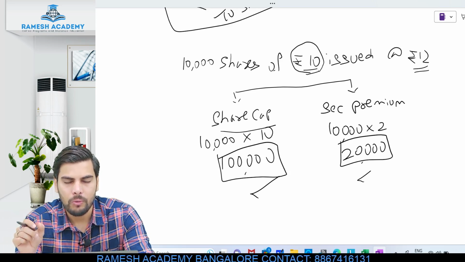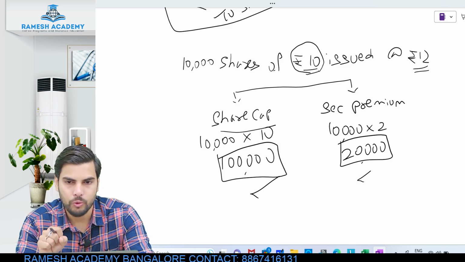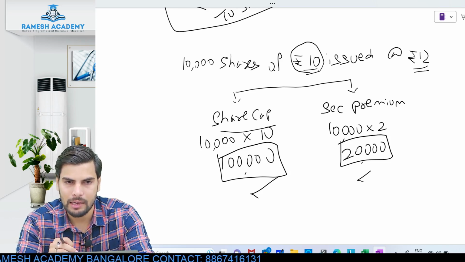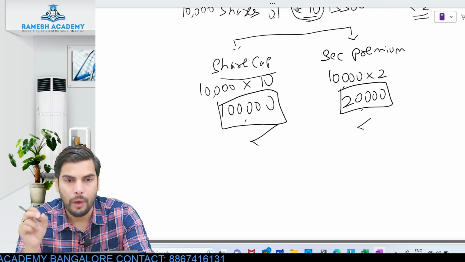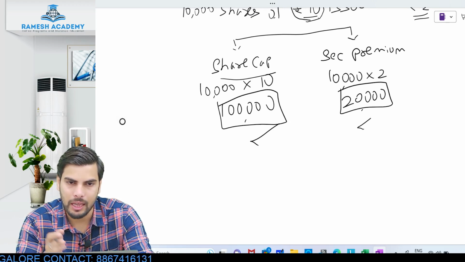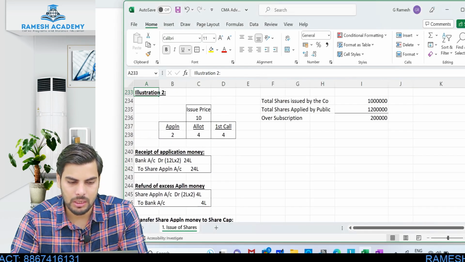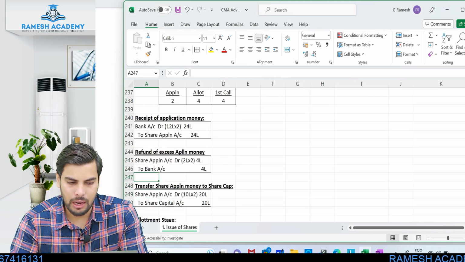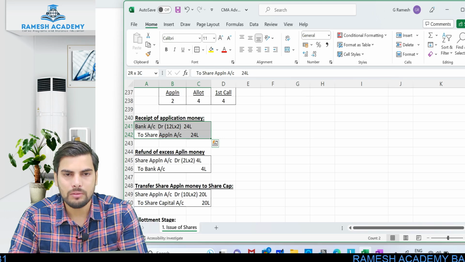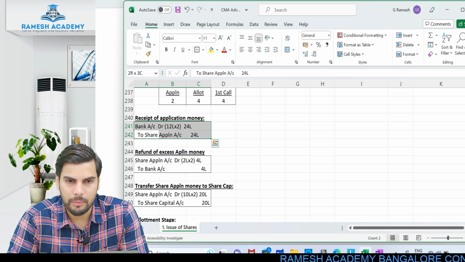Clear? Now, what are we supposed to do with securities premium? Let me tell you. Wherever you come across share capital, the securities premium should be given effect in that journal entry. If you have a look at the journal entries we have discussed, when I receive the share application money, am I giving any effect to share capital? No. I'm debiting the bank account and crediting the share application account. Share capital is nowhere part of this entry.